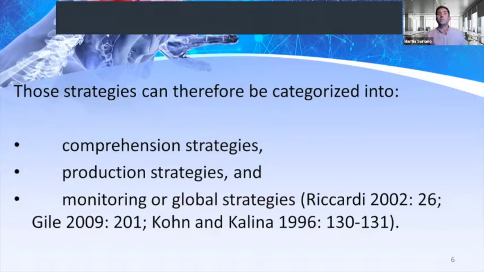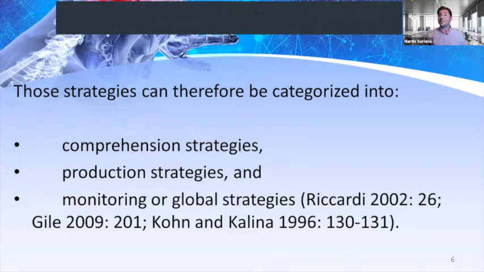Here I included some of the names of the researchers that have published many papers in this regard. Now, the use of these strategies needs to be automatic so as to save the cognitive capacity for complex operations. Although some of the strategies violate the principle of faithfulness in interpreting, I totally understand that.